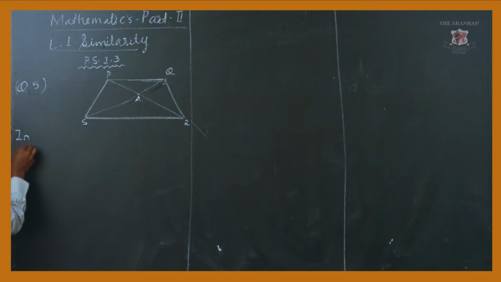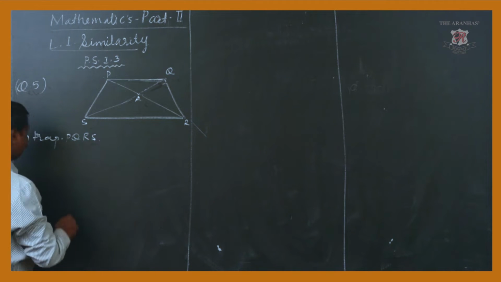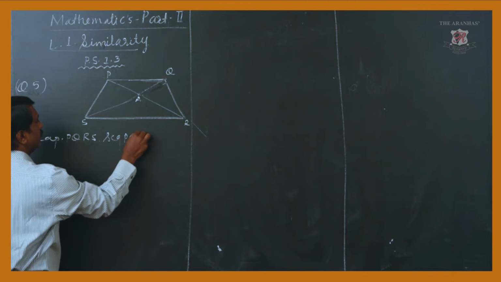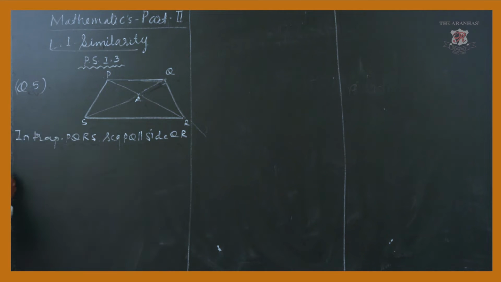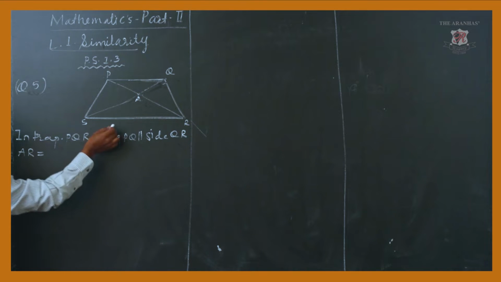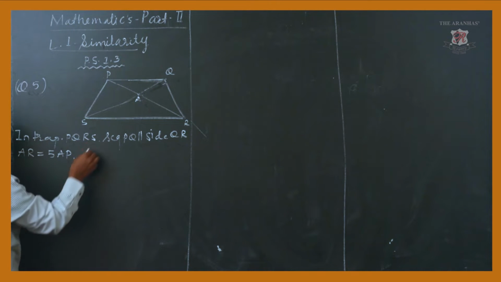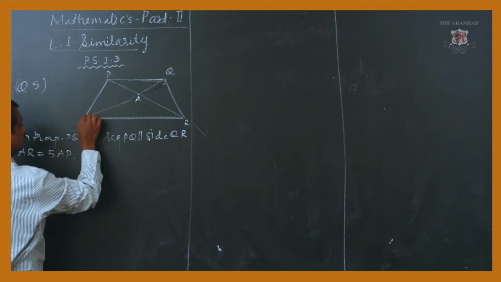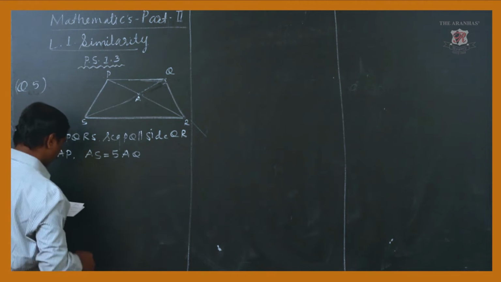Let us write the details. It is given that in trapezium PQRS, segment PQ is parallel to its opposite side, that is SR. Then some side relations are given: segment AR is 5 times AP, and segment AS is 5 times AQ.